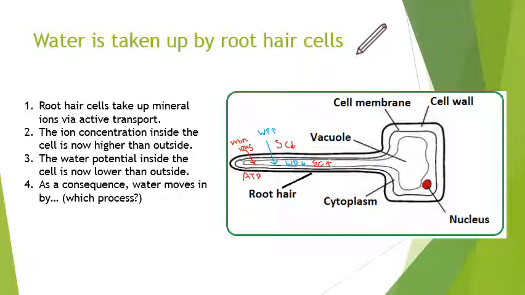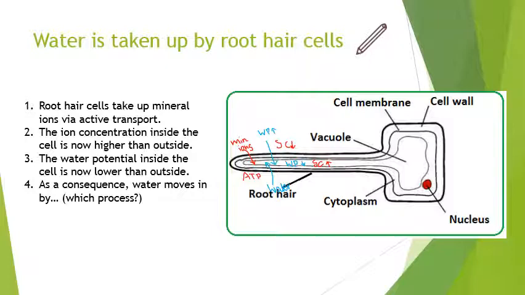Water will follow automatically. Yeah, so water goes in a second step. Water enters the plant. I'm sorry, my writing isn't terribly pretty, but there you are. So water moves inside the plant cell because now, after transporting in the mineral ions, the water potential is lower inside than outside.